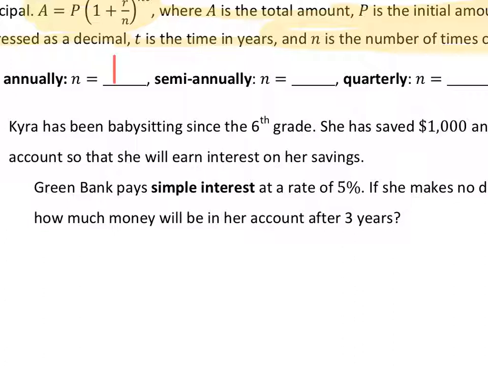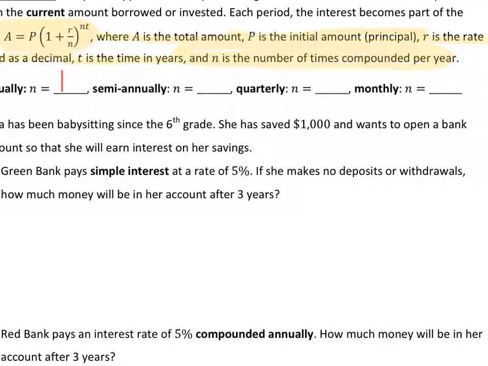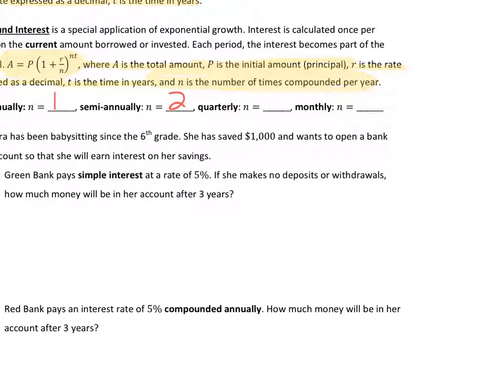Semi-annually means something that happens twice a year. Quarterly, so quarters, think of as something that happens 4 times a year. And monthly would be however many months we're talking about. So we'll just say monthly for a year, so it's going to be 12. If I said monthly for a 6-month period, you would use 6.